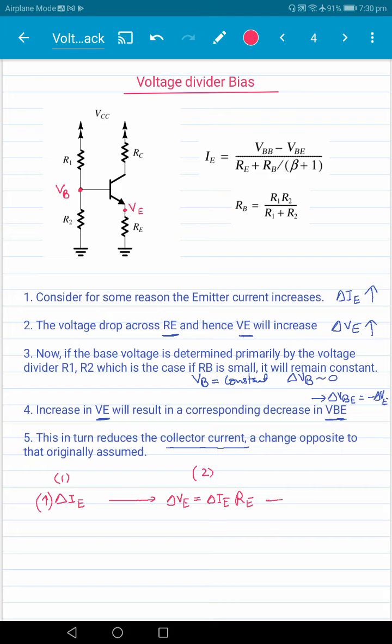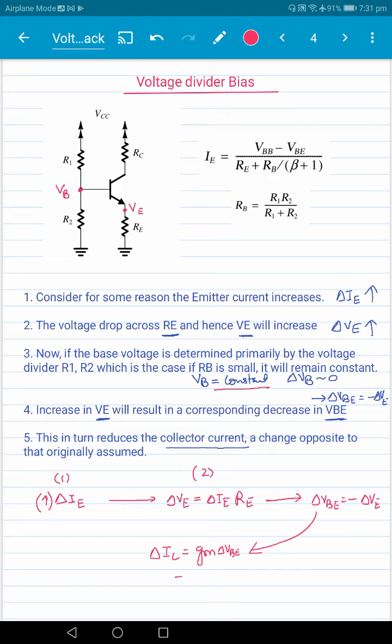Then they say VB is constant, as we said, VB is constant, so delta VBE is equal to minus delta VE, right? So that is there here. And this delta VBE will cause a change in current, and we know that change in current delta IC is equal to GM times delta VBE, right?